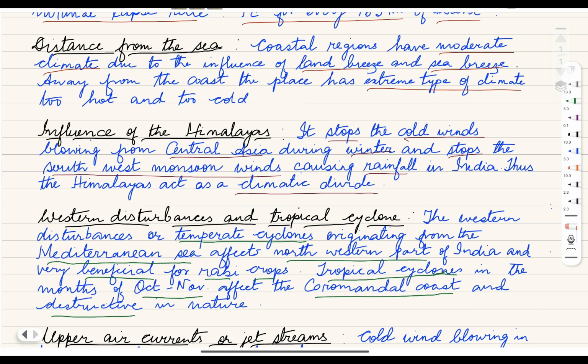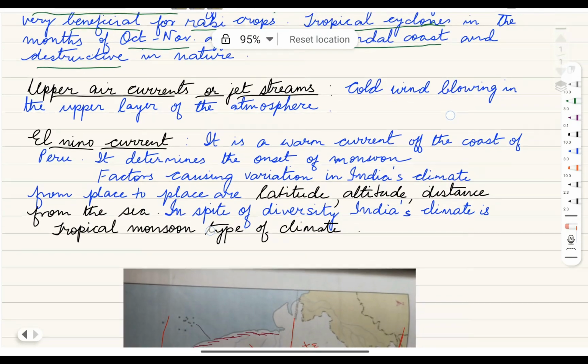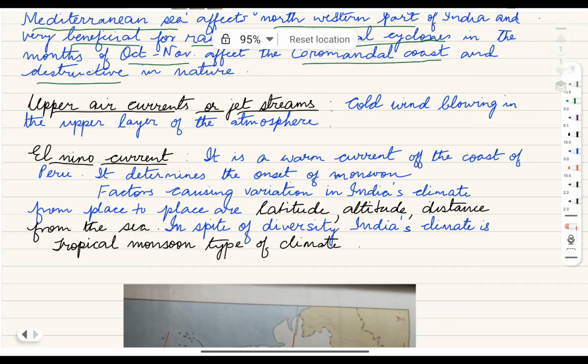Next factor is upper air currents or jet streams. Now cold winds blowing in the upper layer of the atmosphere are known as upper air currents or jet stream. Another one is El Nino current. El Nino current is a warm current off the coast of Peru. It determines the onset of monsoons.